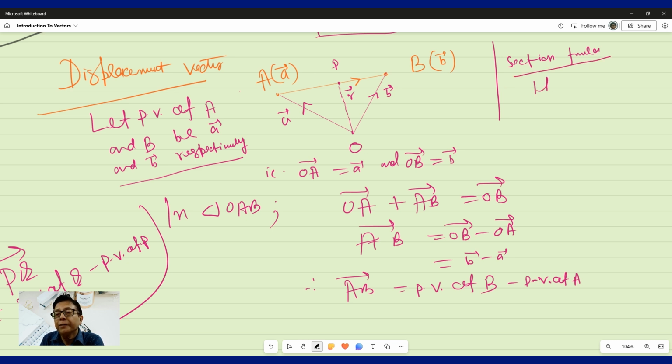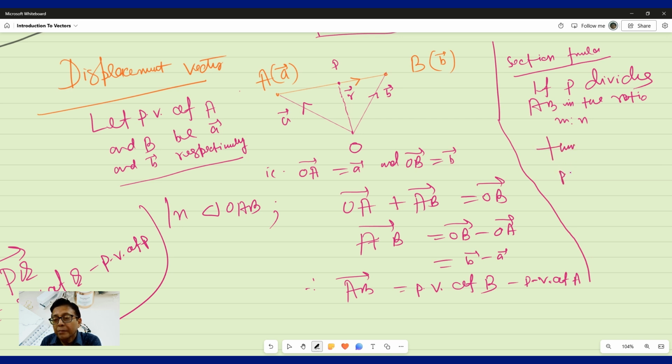If P be a point, P divides AB in the ratio m is to n, then position vector of P will be this.